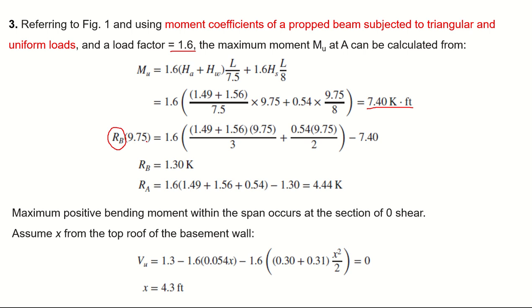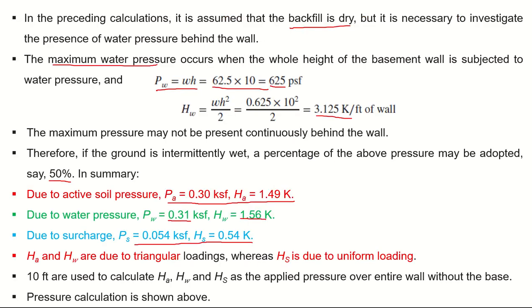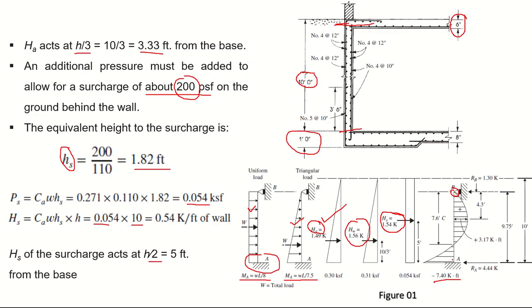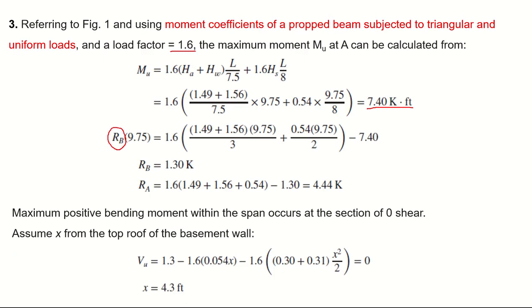So RB into 9.75 because we are taking moment about point A, so RB into 9.75 is equal to 1.6 into 1.49 plus 1.56, which is HA and HW, into 9.75, right, divided by 3 because they are acting at 1/3 and the rectangular loading is acting at 1/2, minus 7.4, which is the moment at A, right? So we are taking moment about A equal to 0.